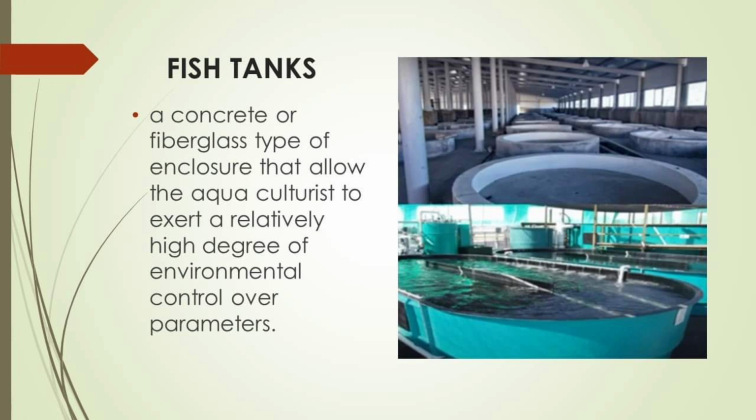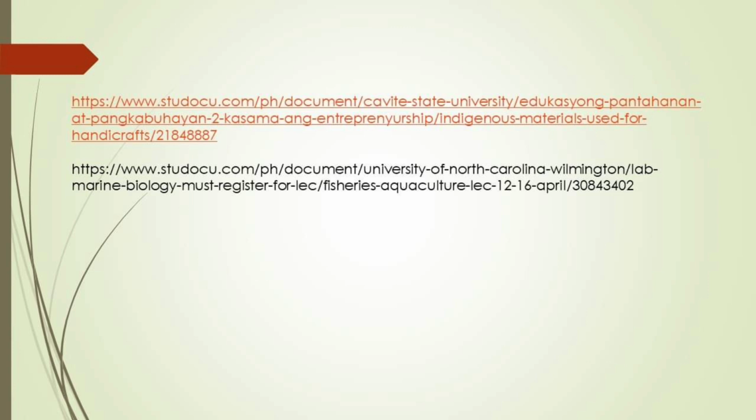Usually fish tanks are used for ornamental or decorative fishes, or shall we say pets, like the colorful fish which is koi. They're using this kind of structure, which we also call an aquarium. We can decorate it as much as we want.